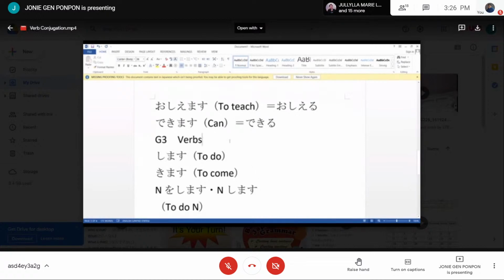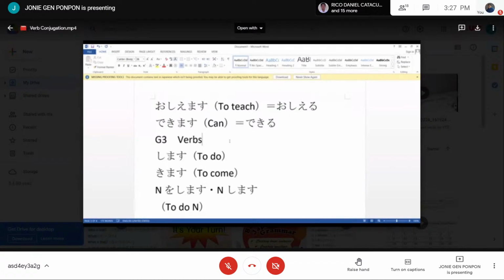Now, for group 3 verbs, there are only three of them, so they are exemptions. Those 3 verbs are called irregular verbs.